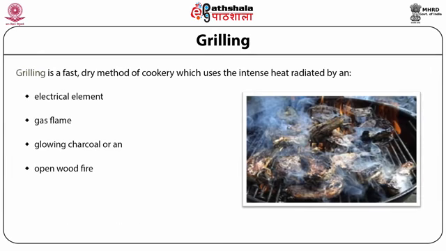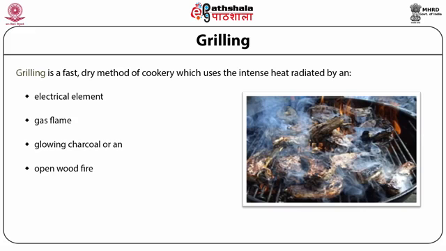Grilling is a form of cooking that involves dry heat applied to the surface of food, commonly from above or below. Grilling usually involves a significant amount of direct radiant heat and tends to be used for cooking meat quickly.